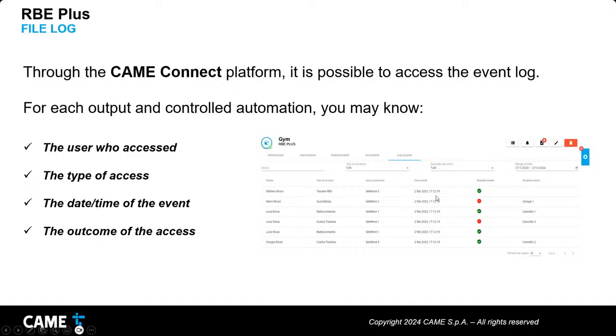We can also see the outcome of the event, denied or allowed: green allowed, of course, red denied.